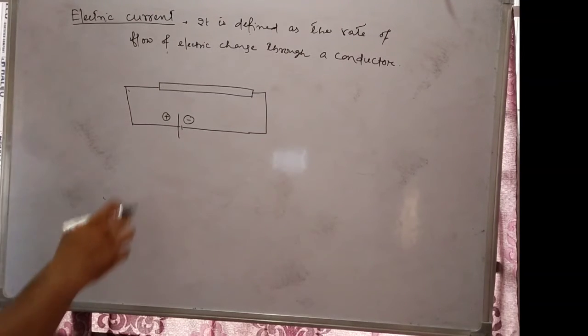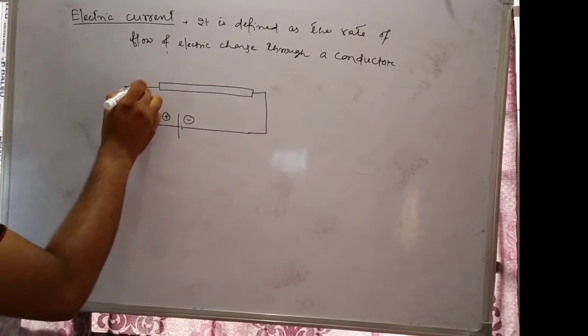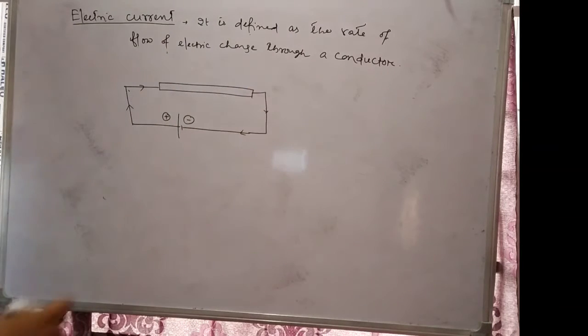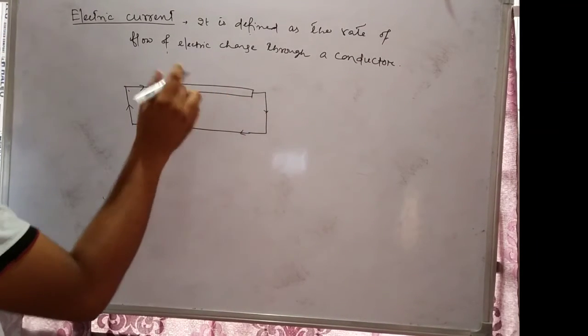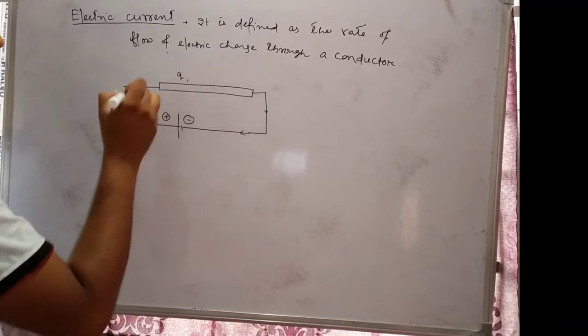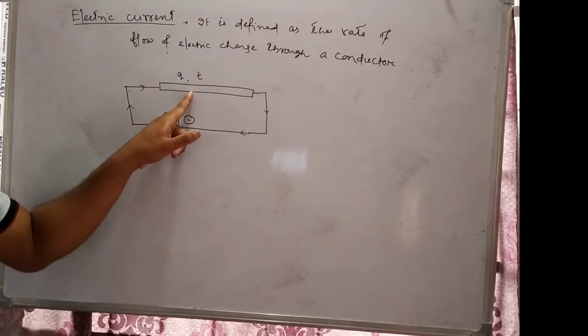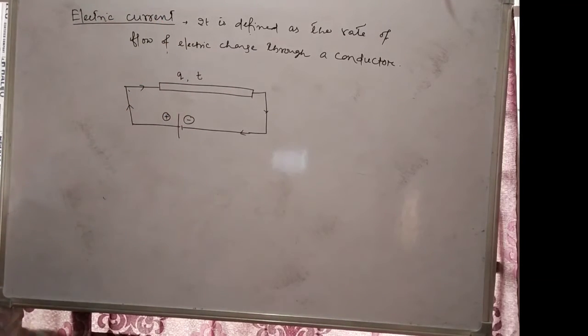So when we connect this conductor with a battery, then current will flow from positive to negative terminal of the battery like this, in this direction, clockwise direction current will flow. So suppose in this conductor Q amount of charge flows in time t.